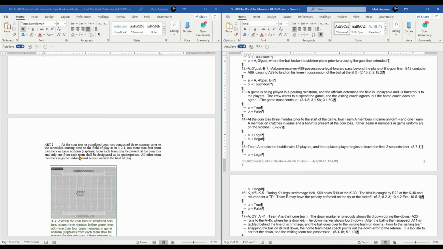All other team members in game uniform must remain outside of the field of play. So remember, 4 captains, 4 max, and I don't care if you're doing a Pop Warner game or the modern day Servite game. 4 members in uniform come out for that coin toss.